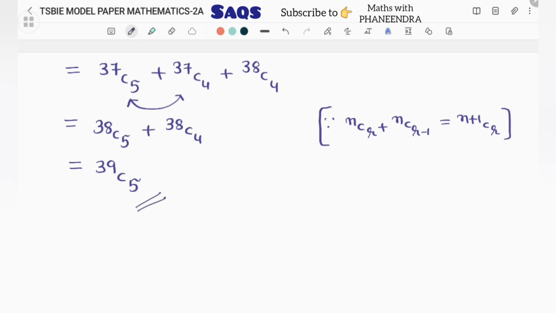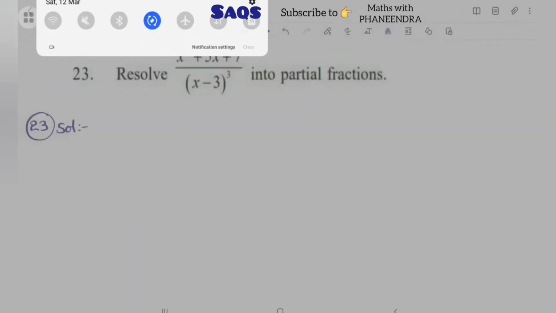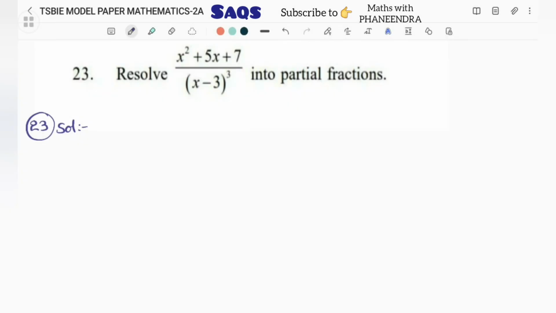So the next question, we'll move to that. Resolve x square plus 5x plus 7 by x minus 3 whole cube into partial fractions. In this denominator, if you observe that x minus 3 whole cube, the factor x minus 3 is repeating three times. Generally, we can write the partial fractions as A by x minus 3 plus B by x minus 3 whole square plus C by x minus 3 whole cube.